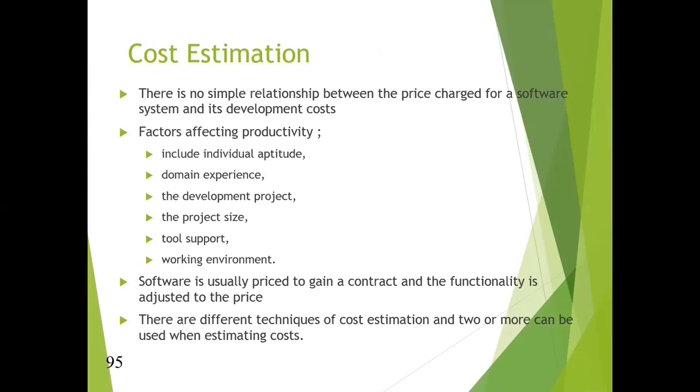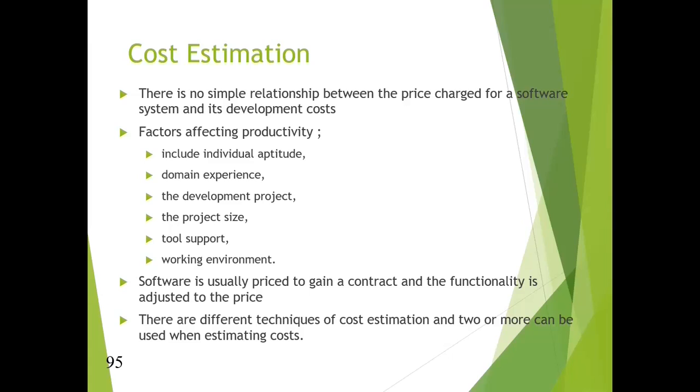What is cost estimation? There is no simple relationship between the price charged for a software system and its development cost. Factors affecting productivity: there are many factors that affect productivity, and these factors will cost, right?